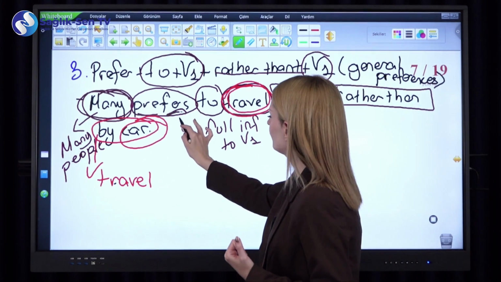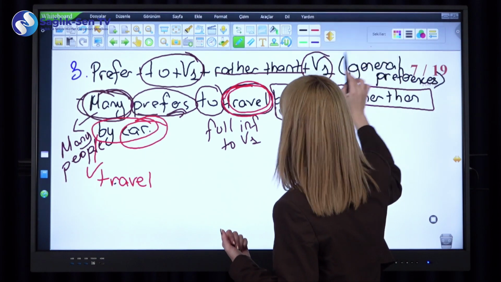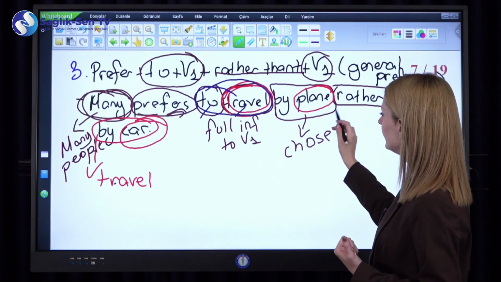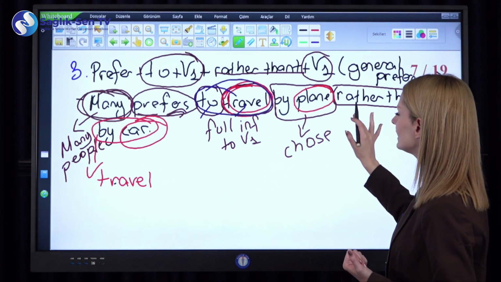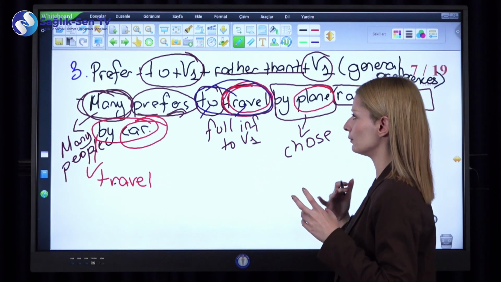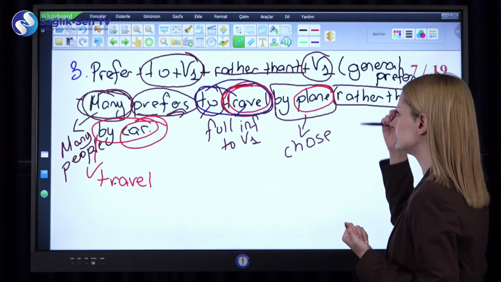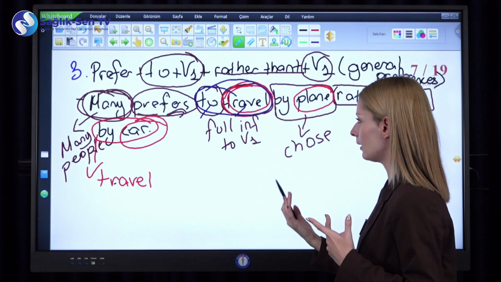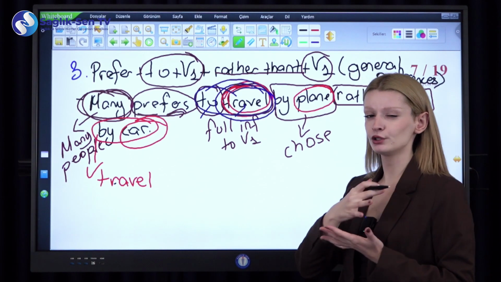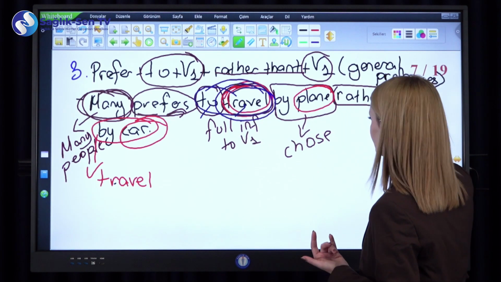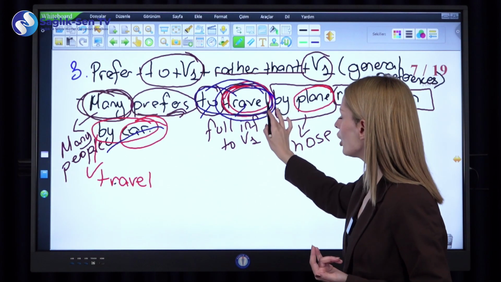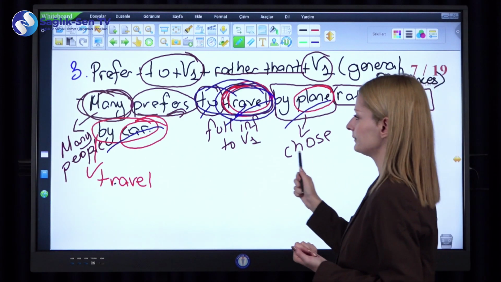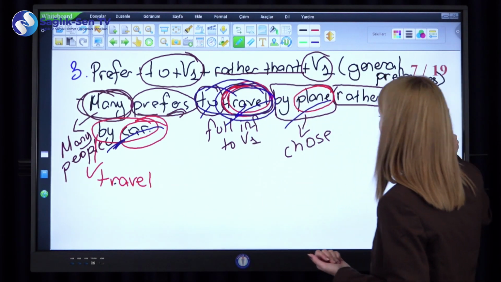And after prefer we use full infinitive, to verb 1. And you can see that also the action slash the verb is the same in this sentence. So I am making a choice from objects, which is how you travel. The important thing is if it is by car or if it is by plane. That's why I omitted travel after rather than.